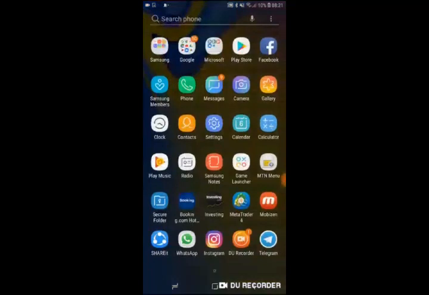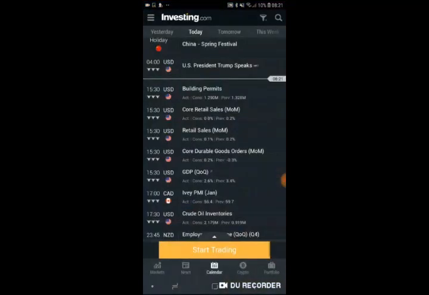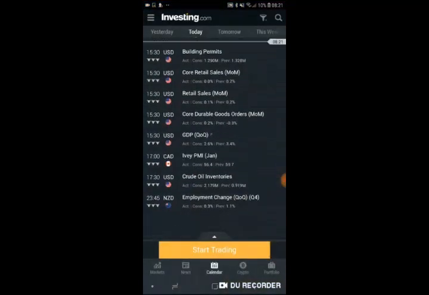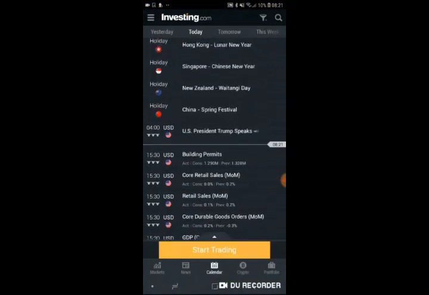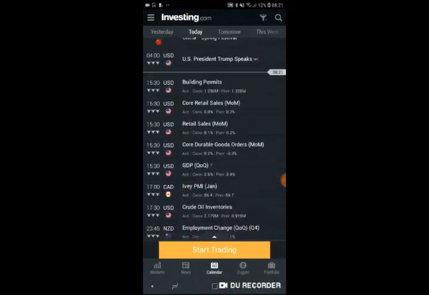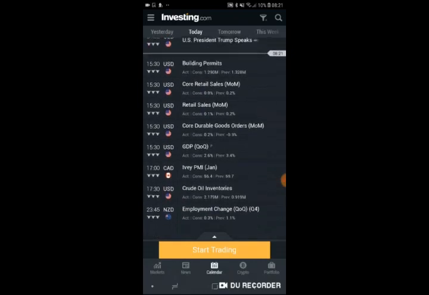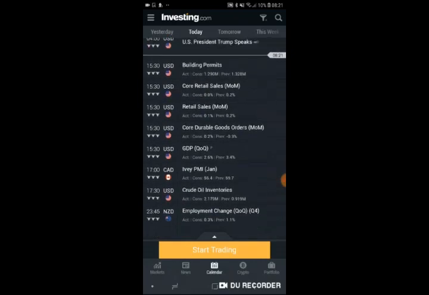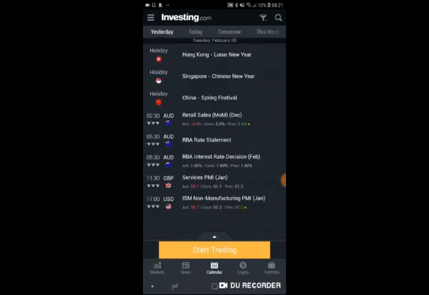Those are the pairs that we trade. It tells you that at 2:30, AUD pairs will be affected. At exactly 2:30, all AUD pairs will either go up or go down fast with a big candle, right?